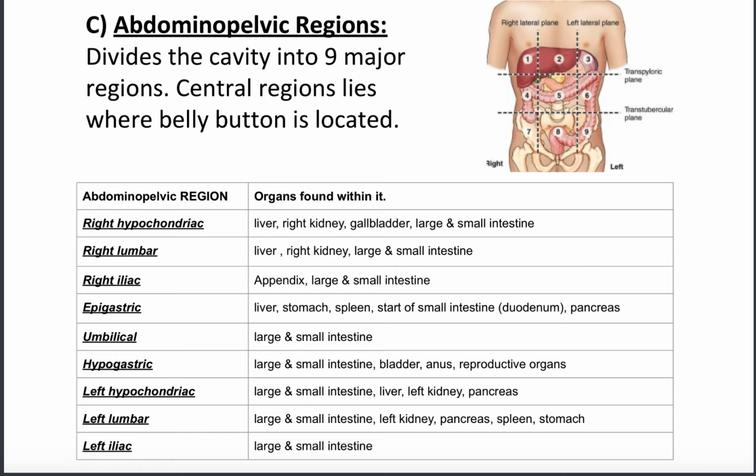Now, one thing I may have forgotten to mention is these regions refer specifically to the patient. So even though it's on the left of this page, it means the patient's left. When we say left hypochondriac region, we mean the left side of the patient you're looking at.